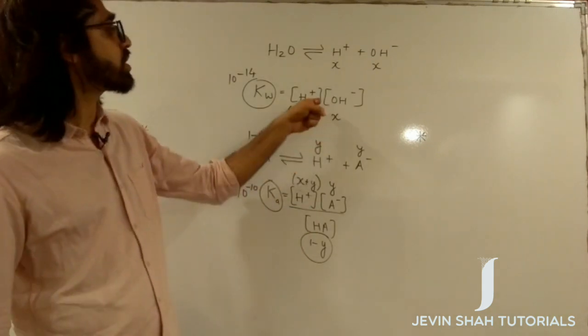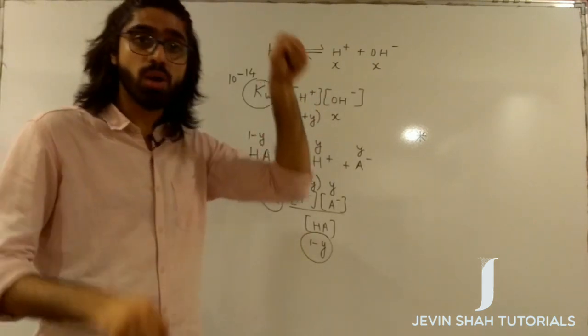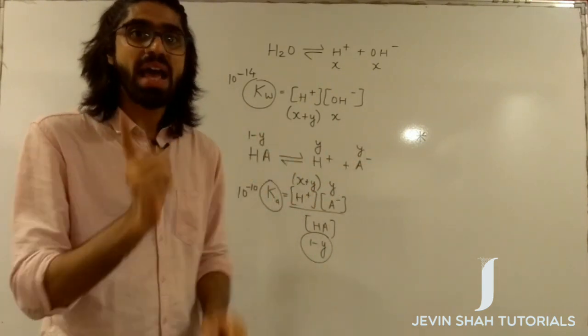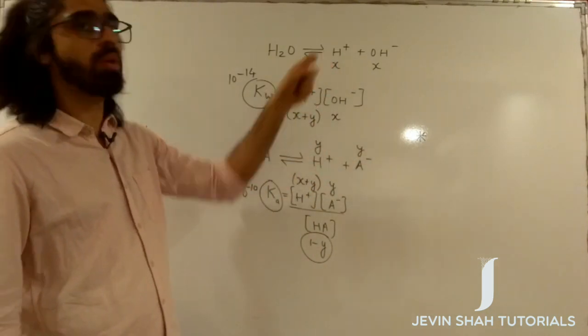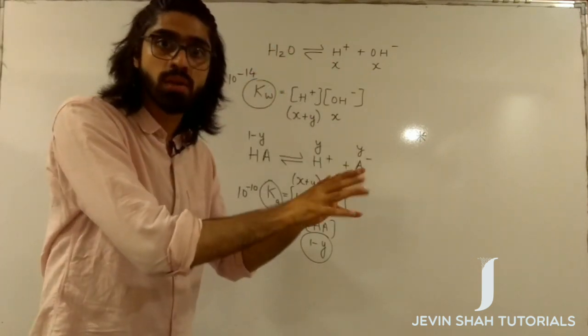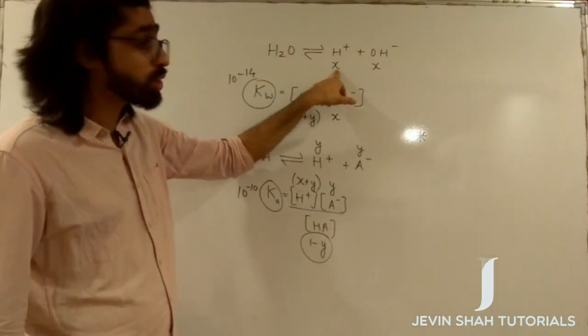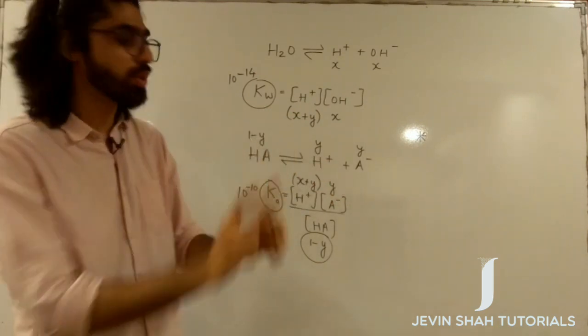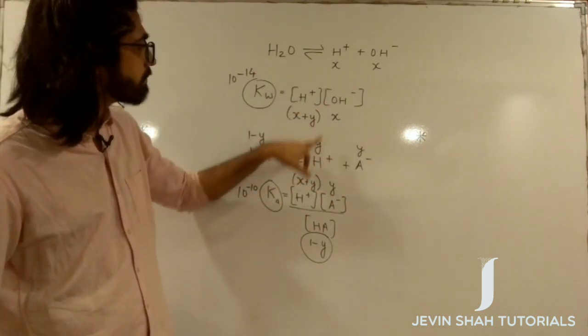But the concentration value that you put will be the concentration value of that species present in the entire solution and not the concentration which you get from its own equation only. If it was X from this equation, you don't put it as X. You put it as the concentration present in the full solution, which is X plus Y.